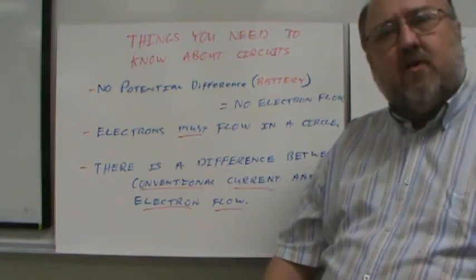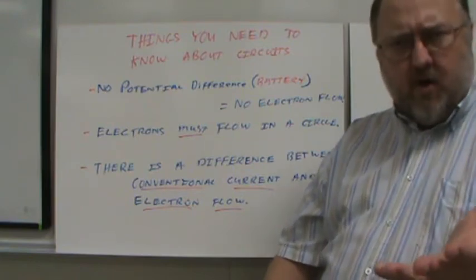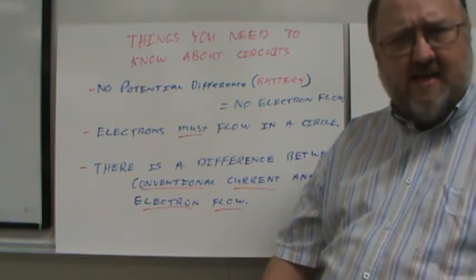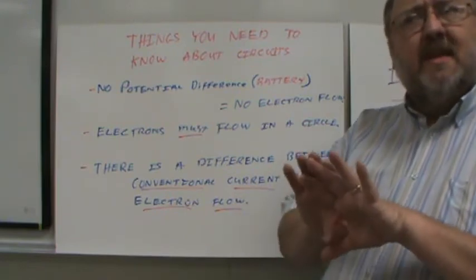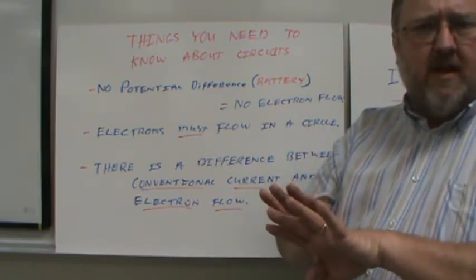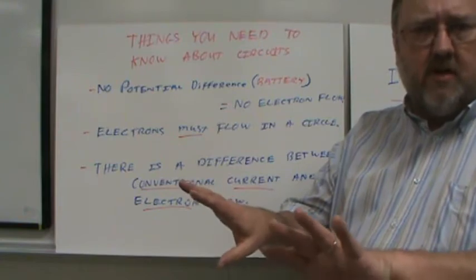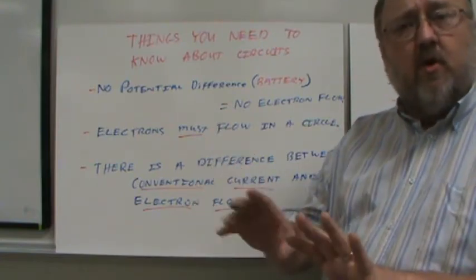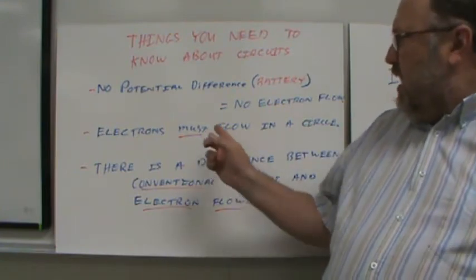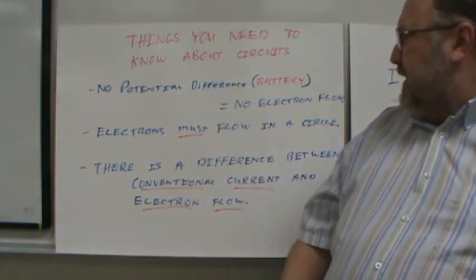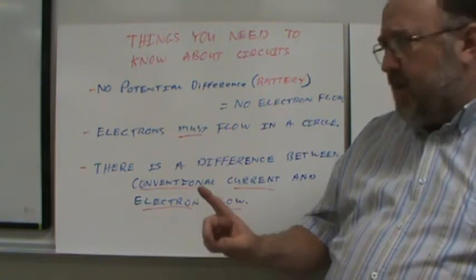If there is no battery, nothing will happen. You know that empirically. Your cell phone dies and you can't do anything until you recharge it. What recharging means is getting in there and somehow separating a bunch of electrons from a bunch of protons, so that later when you turn your phone on, they can get reconnected in some chemical fashion. So no potential difference means no electron flow. You have to have a battery.